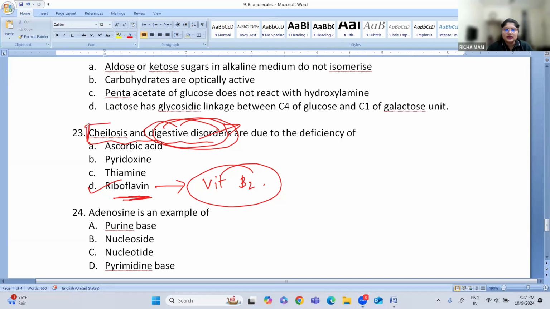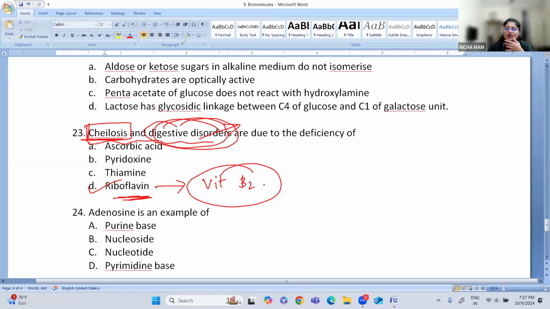If you know what cheilosis means, there will be small cracks near the edges of your mouth, and some bacterial disorder will take place.